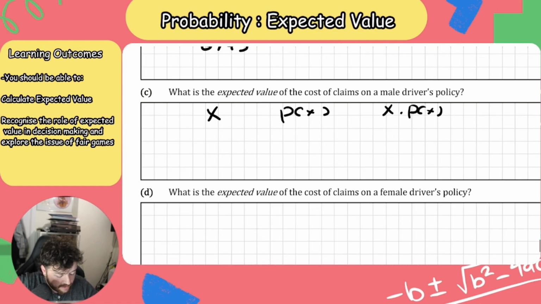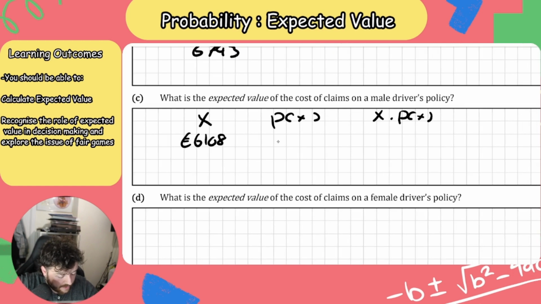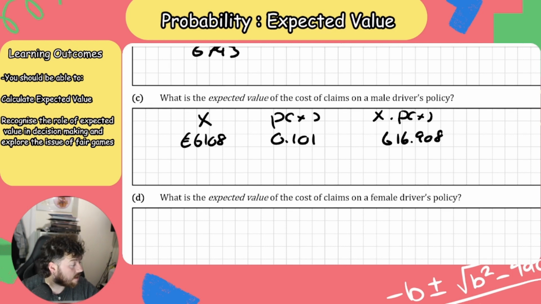They can make a claim of 6,108, and the probability of that happening is 0.101. Multiply that together and you get 616.908, or just €616.91. So that's the average cost.